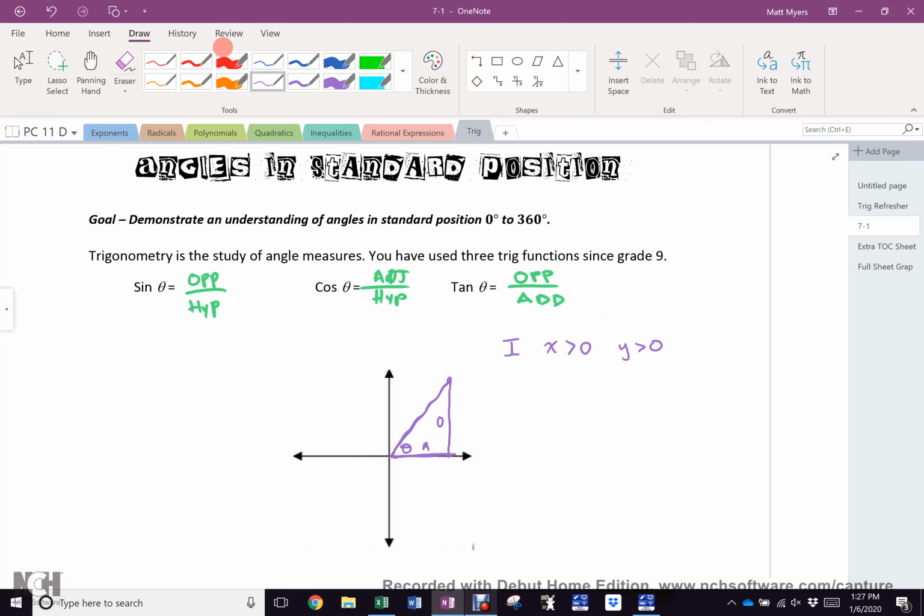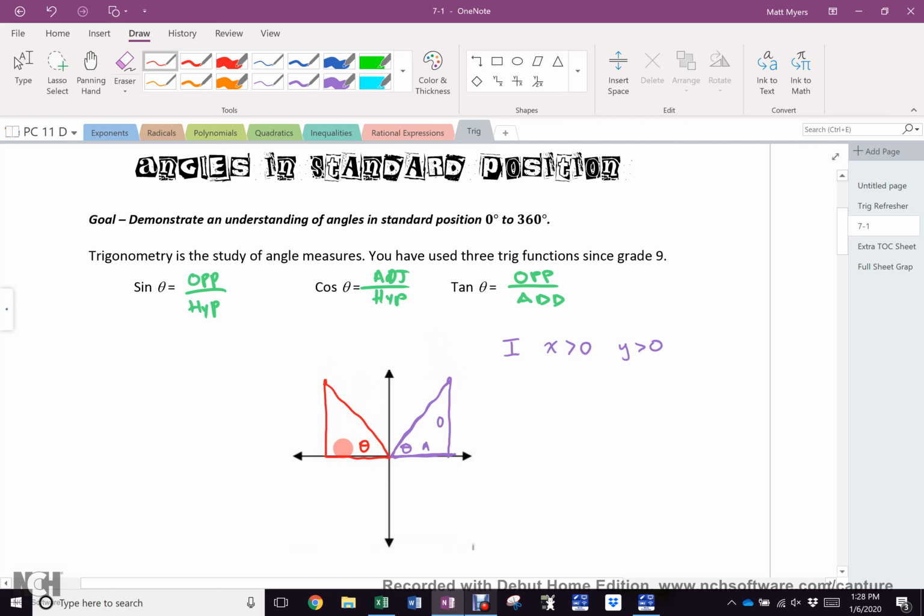Okay. Now, I'm going to use a different color. You don't have to, obviously. I'm going to put a dot in quadrant 2 at the relative same position. Everybody with me? So I'm going to go straight across here. I'm going to put it right there. And then I'm going to draw it in. There is my new theta.